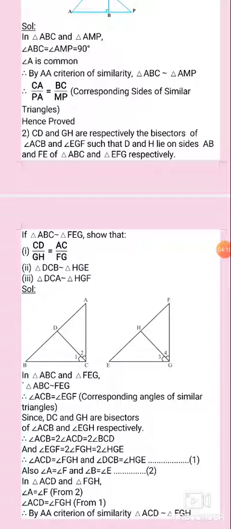Also, angle A is equal to angle F and angle B is equal to angle E. Now, in triangles ACD and FGH, angle A is equal to angle F, first condition. Now, angle ACD is equal to angle FGH, we proved above. So, using the AA criterion, triangle ACD is similar to triangle FGH.